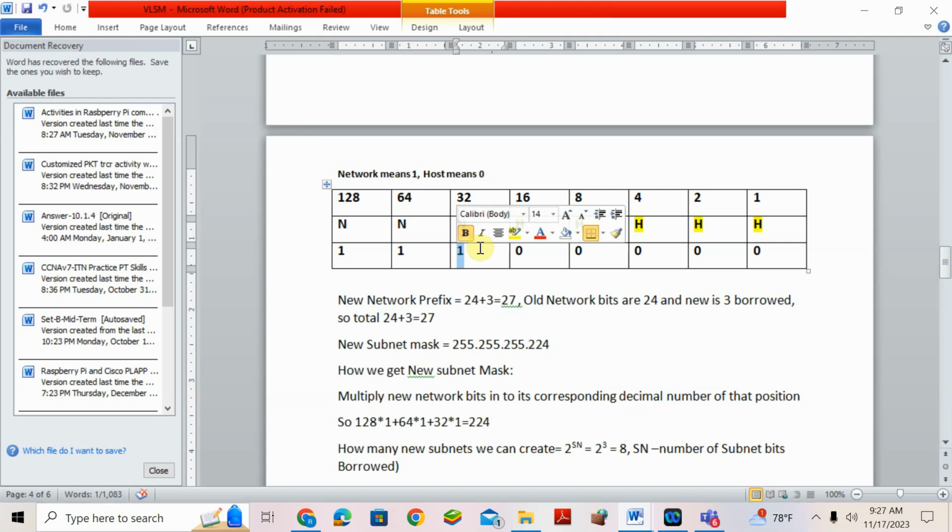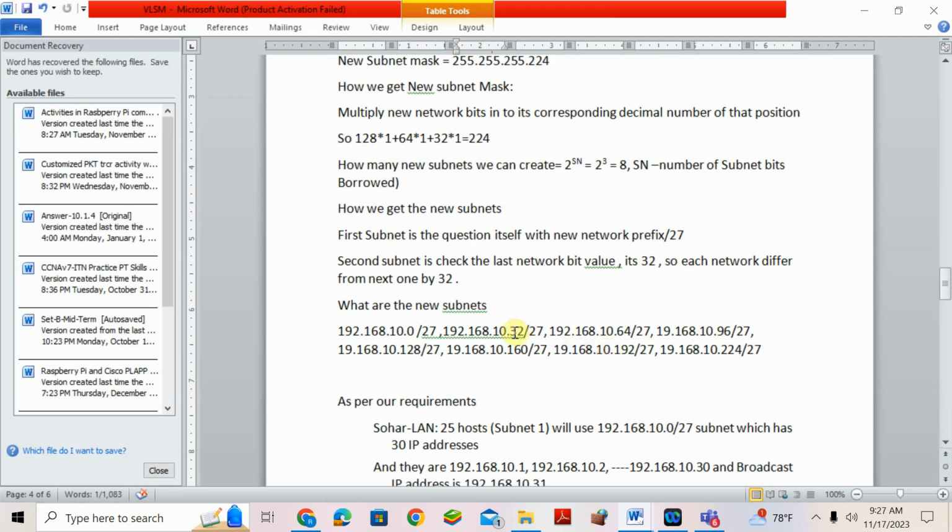So each network differs by 32. So the next one will be 32. What is the next one? 32 plus 32, 64. Again, 64 plus 32, 96. Again 128, 160, 192, 224. These are the new subnets.